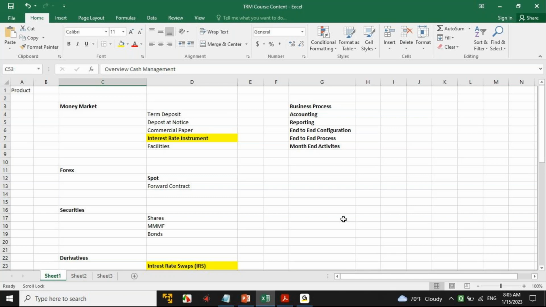You only have to understand one product type, because in TRM the configurations are all the same. I have segregated the configuration; let me open my system and show you something.